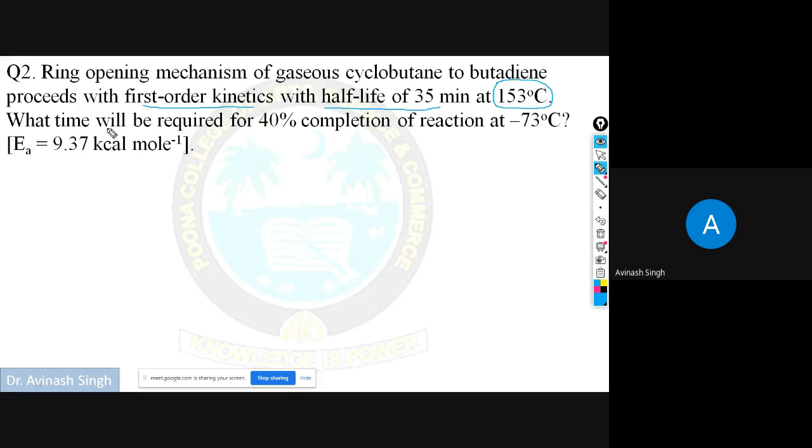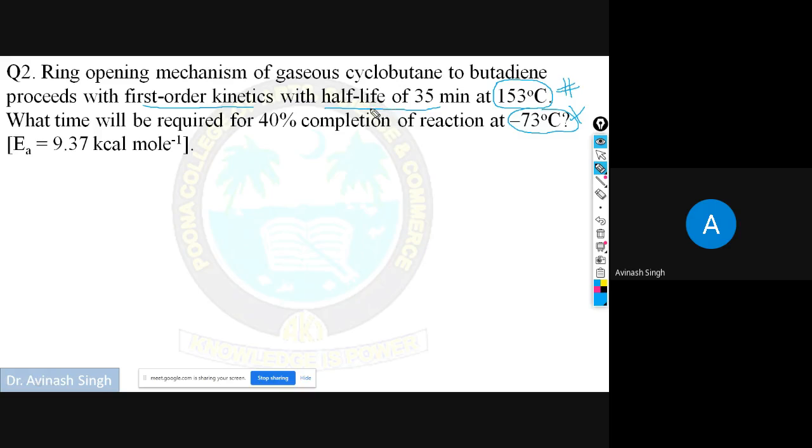And the question is, what is the time required for 40% completion of the reaction at another temperature? Which means the K that we find from here cannot be used to find out the time required for 40% completion at this temperature. So this is the roadmap for this numerical.